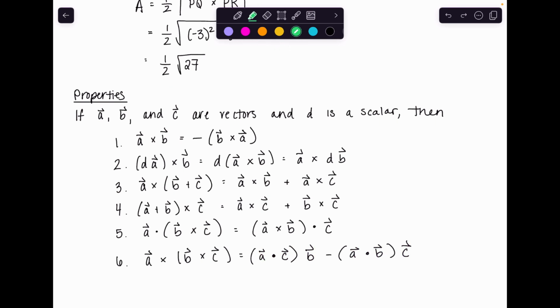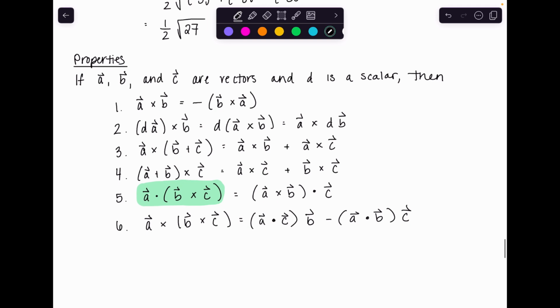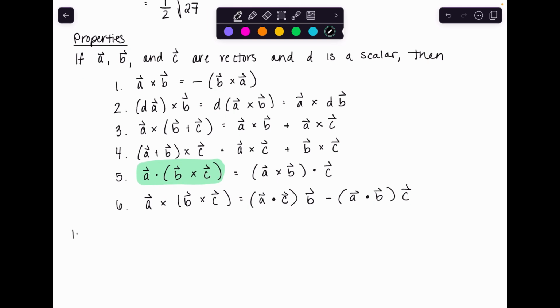Are we going to use many of these? Not too many, except for this one. This is nice and useful for us. But we're going to take a deeper dive into what is this thing, okay? So in 5, this formula that we get, we call this expression A dot B cross C, which results in a number.